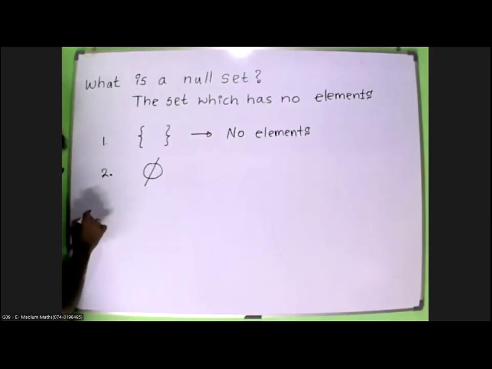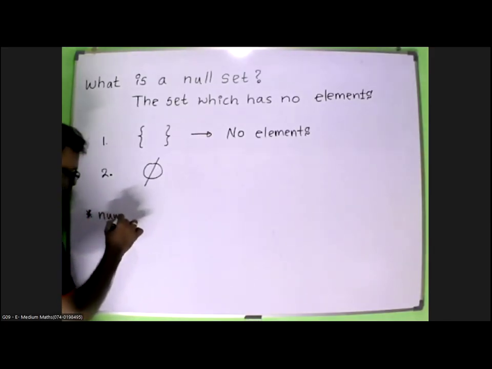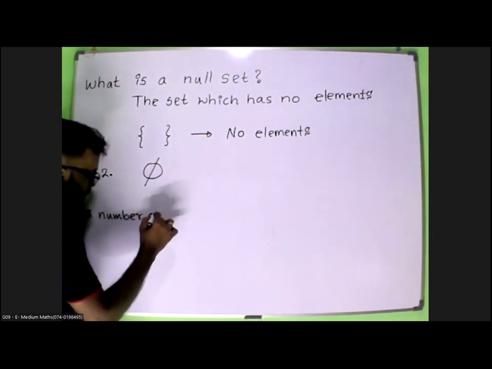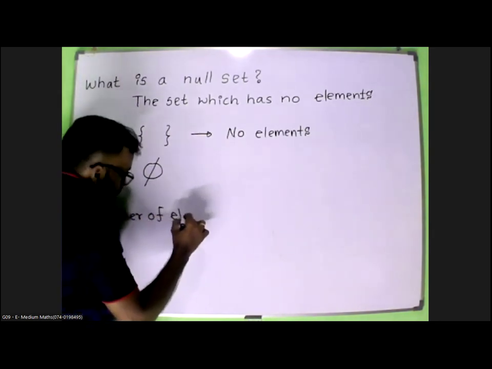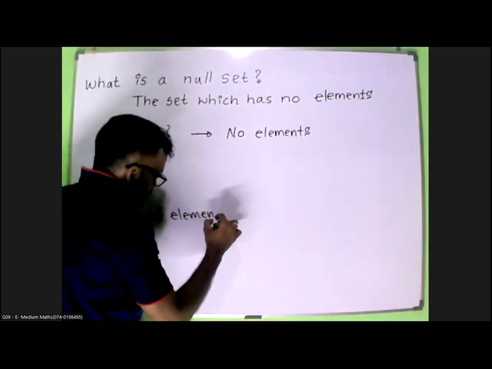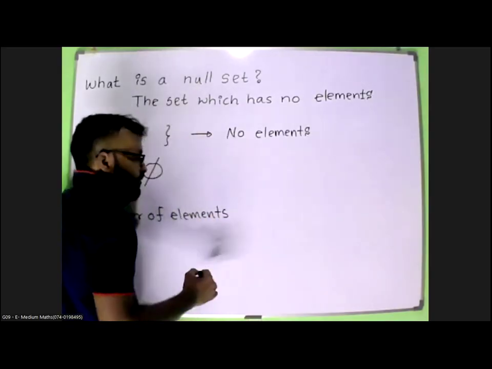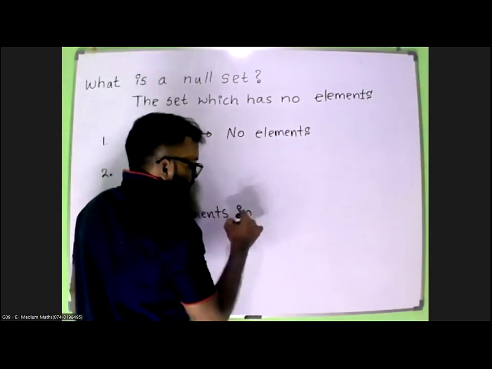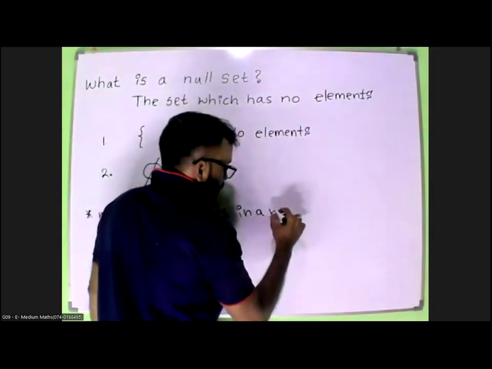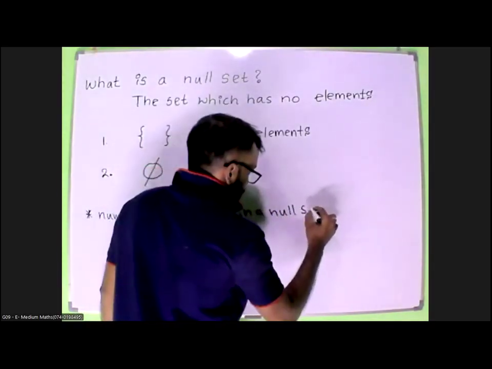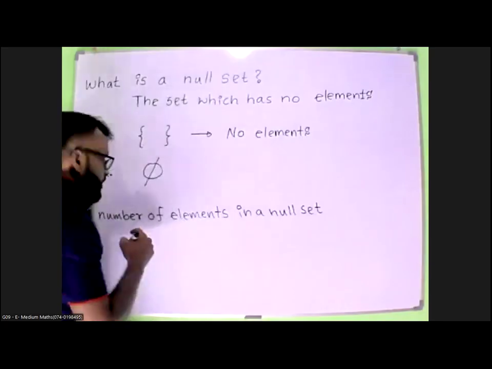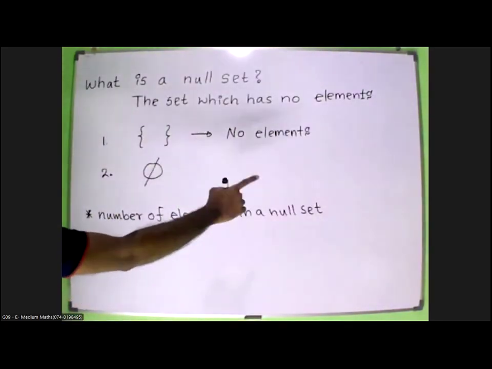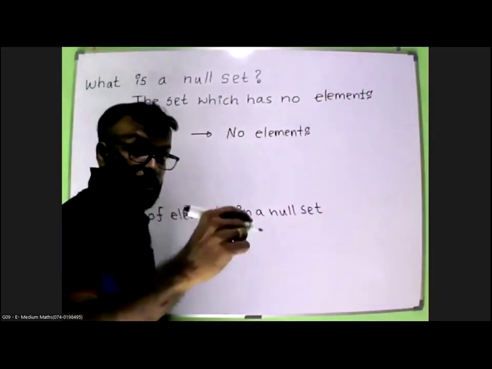And how do you represent the number of elements in a null set? How do you represent the number of elements in a set in a mathematical way?